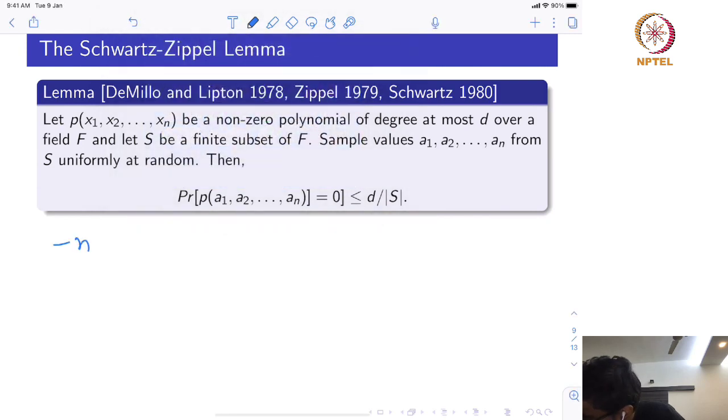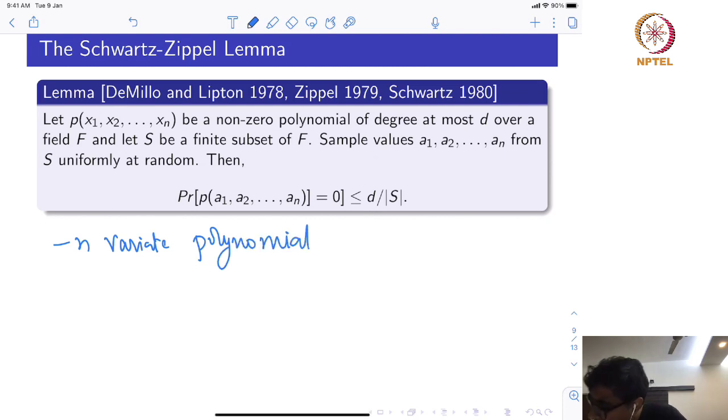So, what is given to us is an n-variate polynomial. Okay. What is its degree? Degree is d, over a field f. Okay.